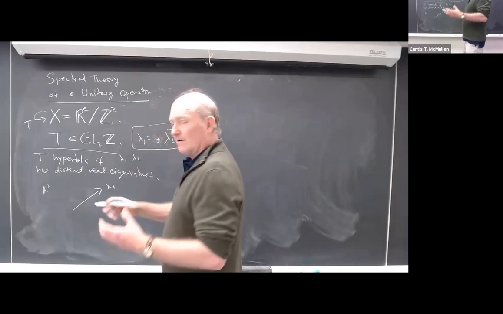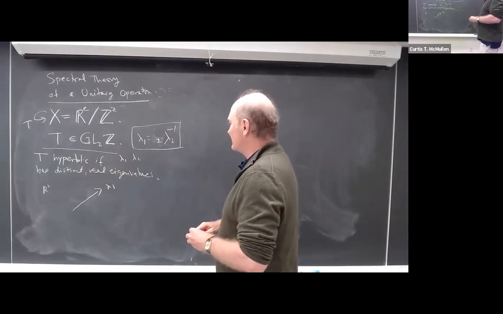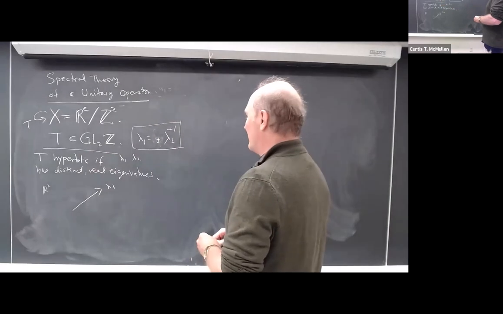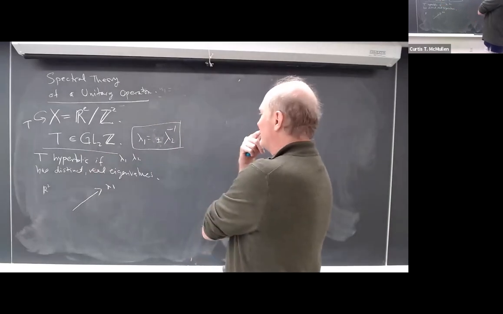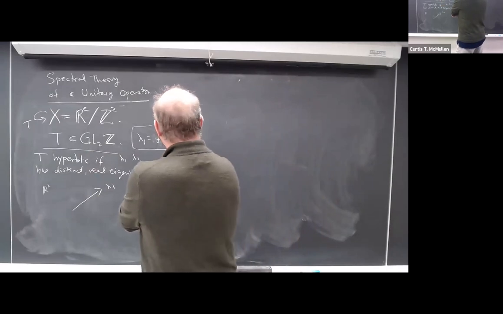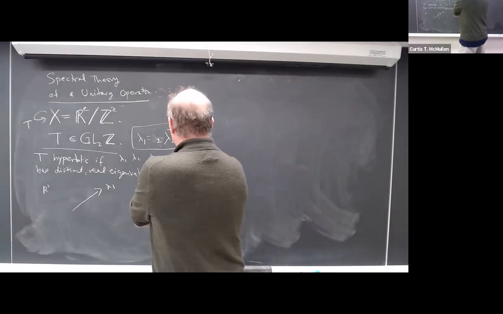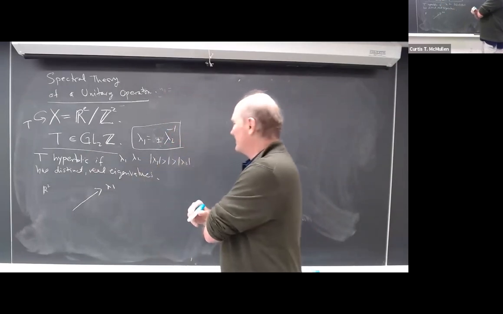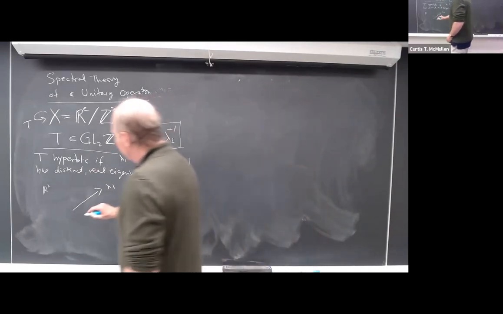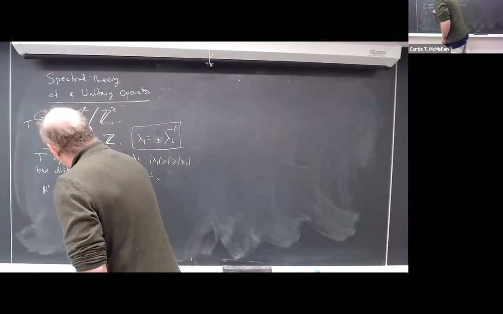And in particular, one of the eigenvalues is bigger than 1, and the other one is less than 1. Let's see, should I worry about the case where one is 1 and one is minus 1? I guess I should. Let's say where the absolute value of lambda 1 is bigger than the absolute value of lambda 2. Okay, so there's an expanding eigenvalue and there's a contracting eigenvalue.